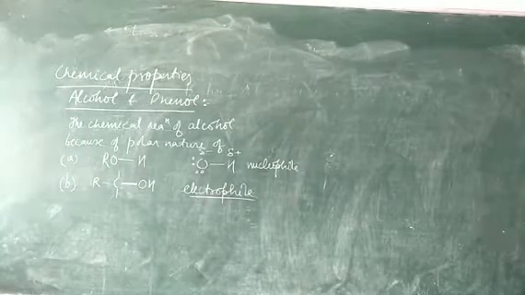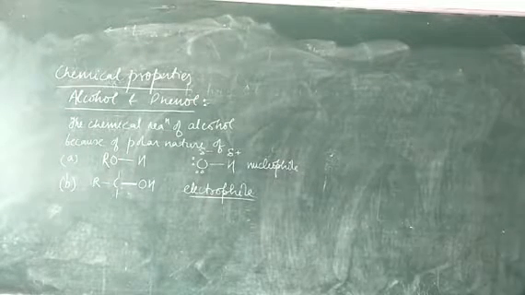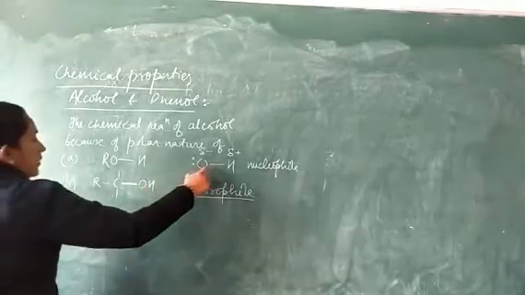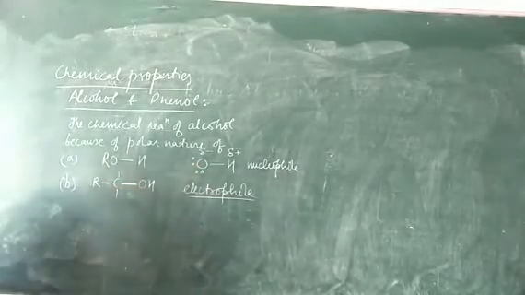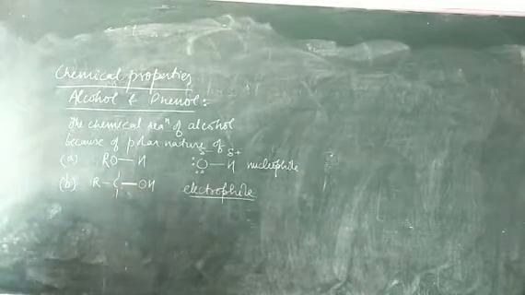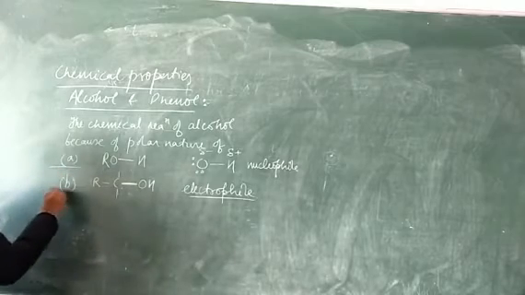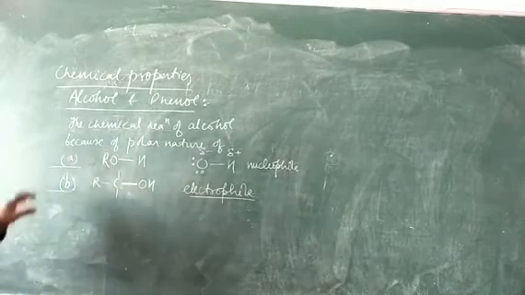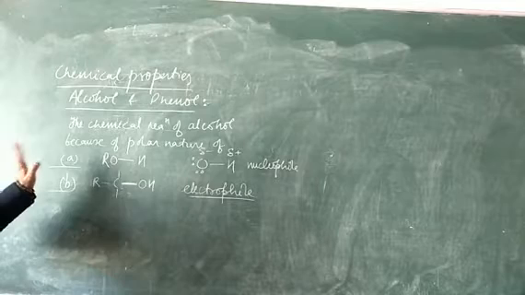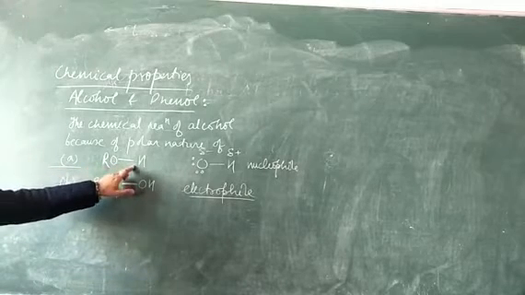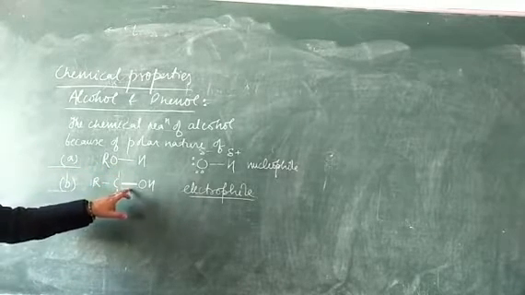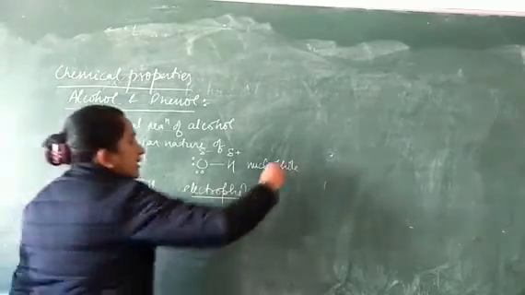So now we will discuss these reactions under two main headings, students. One will be the reactions involving the breakage or cleavage of the O-H bond, and second will be the cleavage of the C-OH bond.